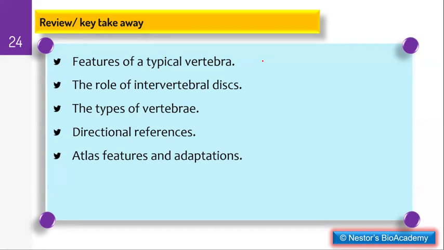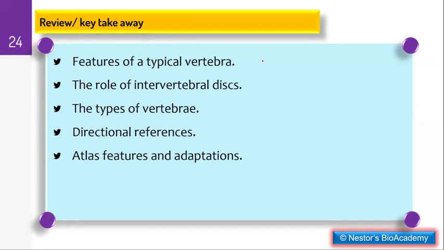And again, do you have a good understanding of the directional references, anterior, posterior, dorsal, ventral? Very important. And finally, can you recall the features of the atlas and the various ways in which the atlas is adapted to its functions?